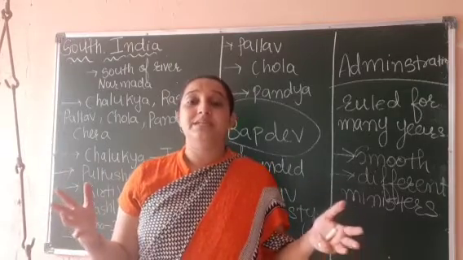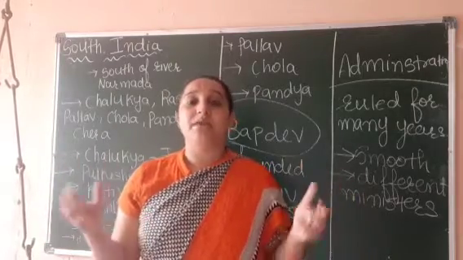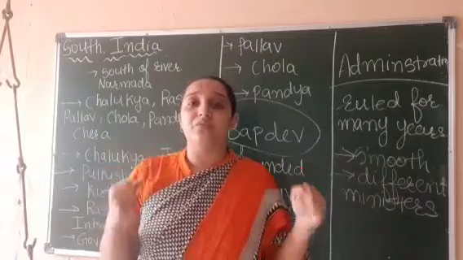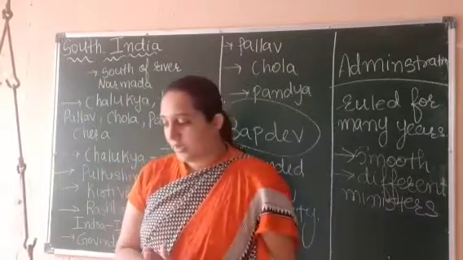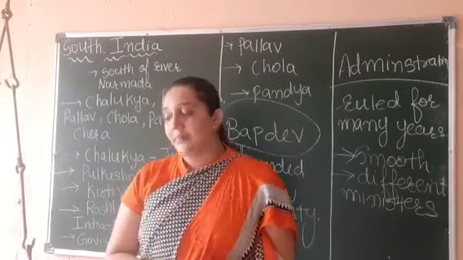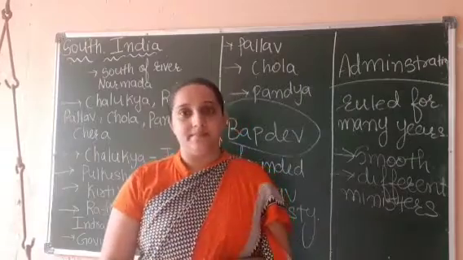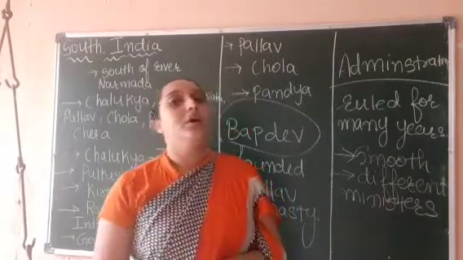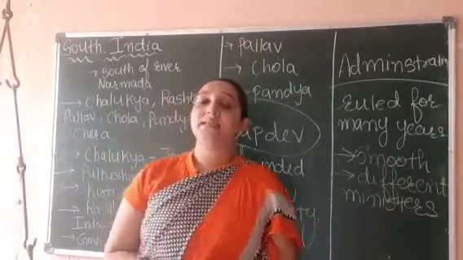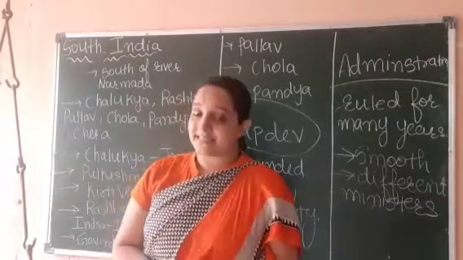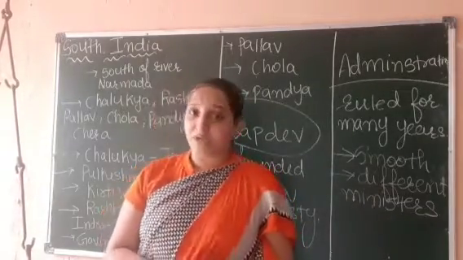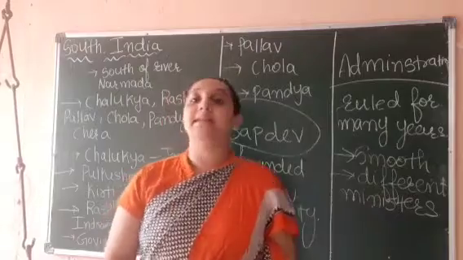Why? Because they wanted to come to India and capture all the wealth from India. Slowly their power started in Delhi, and they started ruling, and in this way Delhi Sultanate came into existence. Now in the next chapter we are going to learn about Delhi Sultanate in detail.